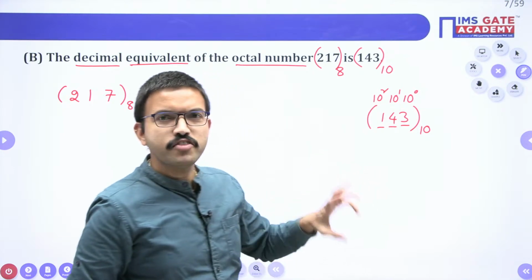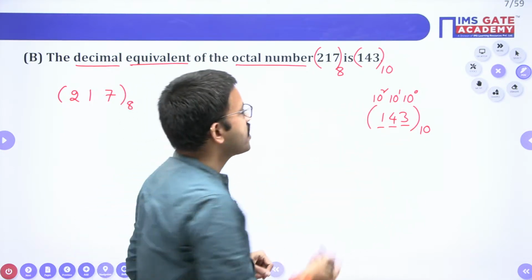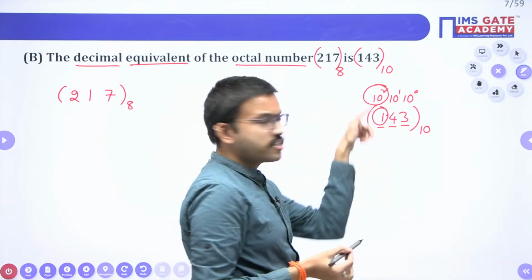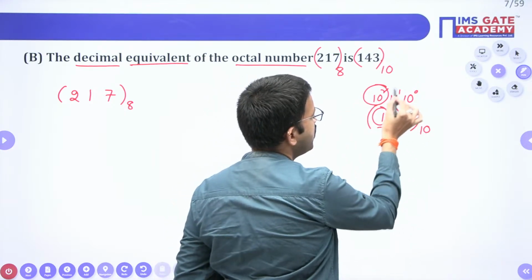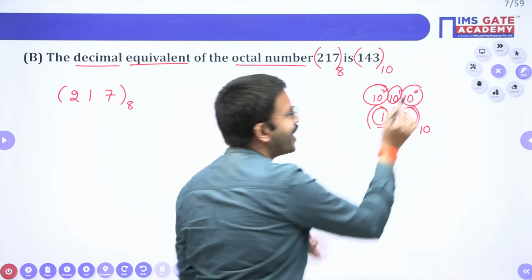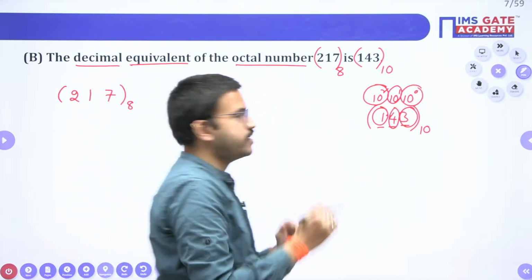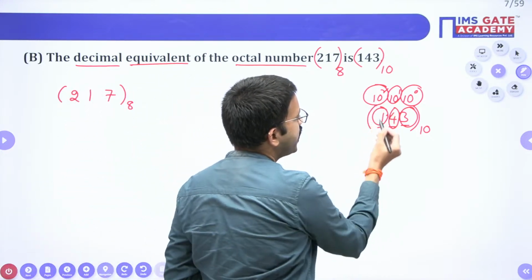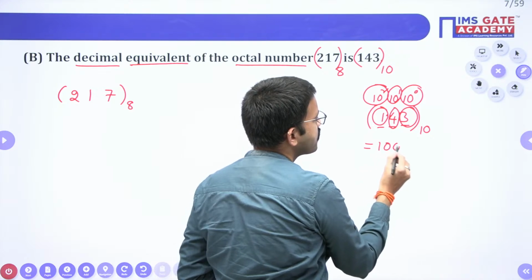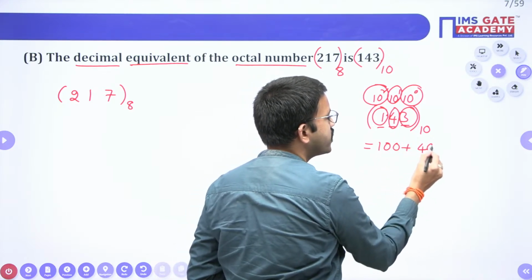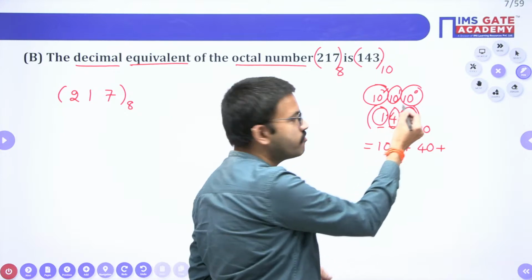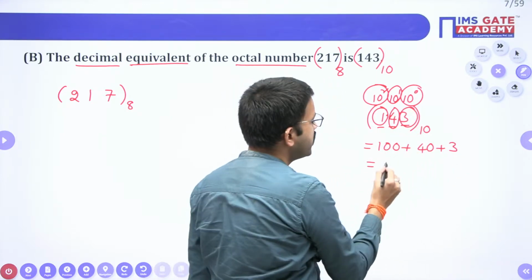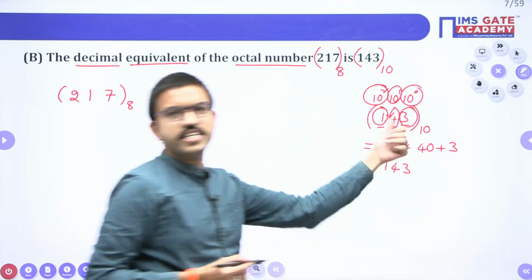In order to find the equivalent value, we multiply each digit with the respective positional weight, and then we add. So 100 into 1 is 100, plus 10 into 4 is 40, plus 10 power 0 is 1, and 1 into 3 is 3. After finding the equivalent value, you get the same number. That is the beauty of the decimal number.